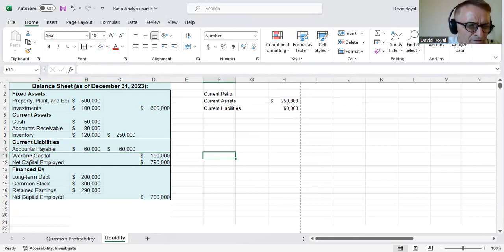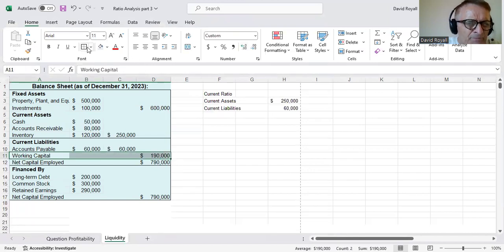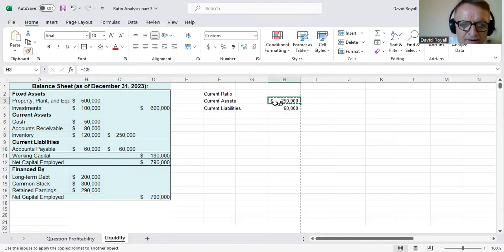Now, on here, you can see that the working capital has been worked out as current assets less current liabilities. So that tells us we've got positive working capital. But what it doesn't actually tell us is the ratio between this and this. Let's make sure they're in common format.